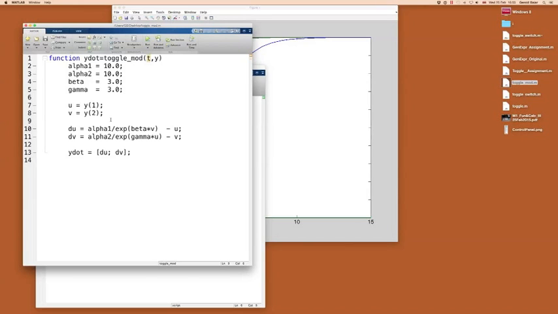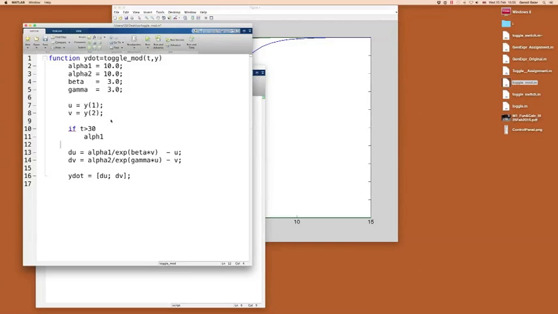If you assume that something is happening in your system, you can do this, for example, using an if condition and say if t is larger than 30, whatever time units you then have, you can make a change and say, for example, there will be a different situation happening as this parameter alpha 1 will assume a different value, whereas it's 10, maybe it will assume a smaller value. Right, if I call this correctly, alpha 1.